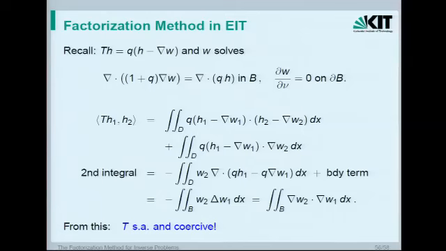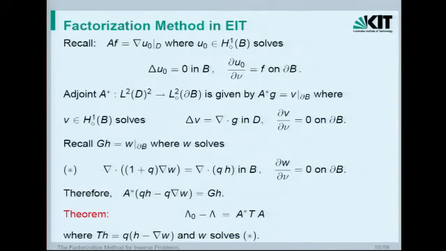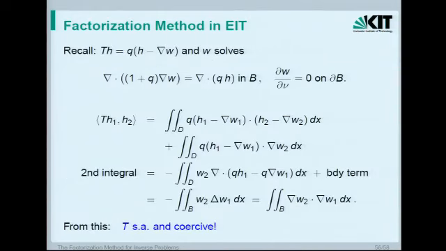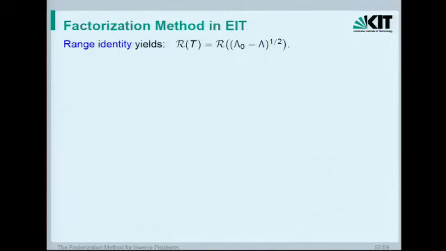Sorry, somewhere the factorization should be here. So you get a factorization of the difference relative to the background one. This is the one you can compute, this is the one you measure, and you have a factorization of the same type there, and you get that T is also self-adjoint and coercive on these computations here.